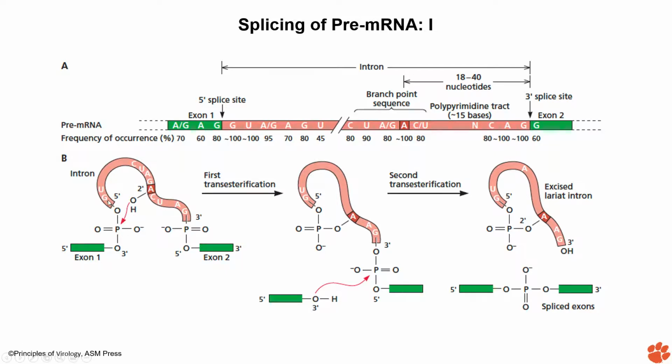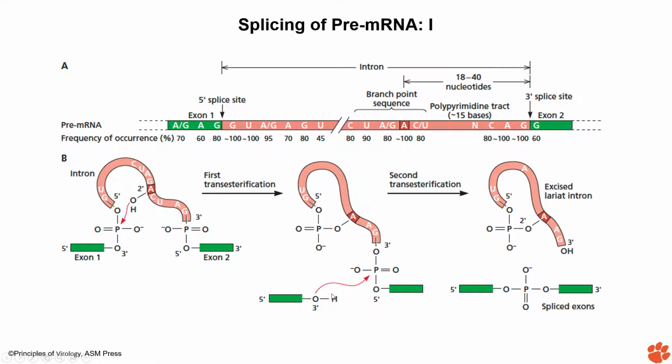So what happens is that this G, this phosphate, is attacked by the O, which was bonded with this C. Remember that, but you have the O, and it does a nucleophilic attack right here, and it causes the first transesterification reaction. So this is excised out.